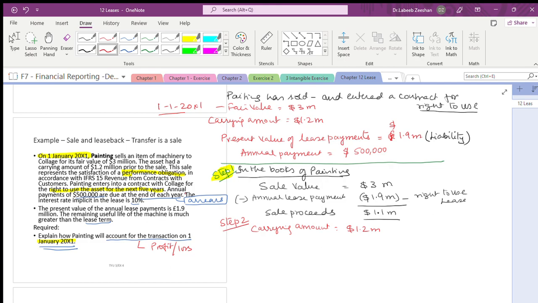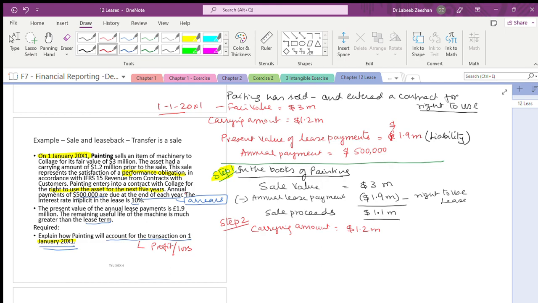We have to calculate how the carrying amount is going to be distributed within the lease payments.